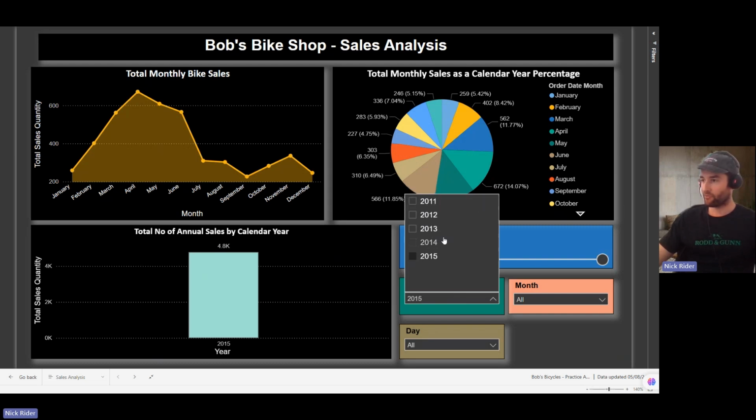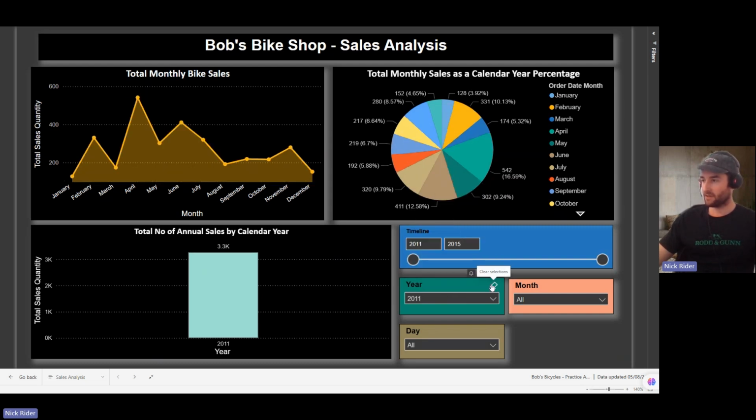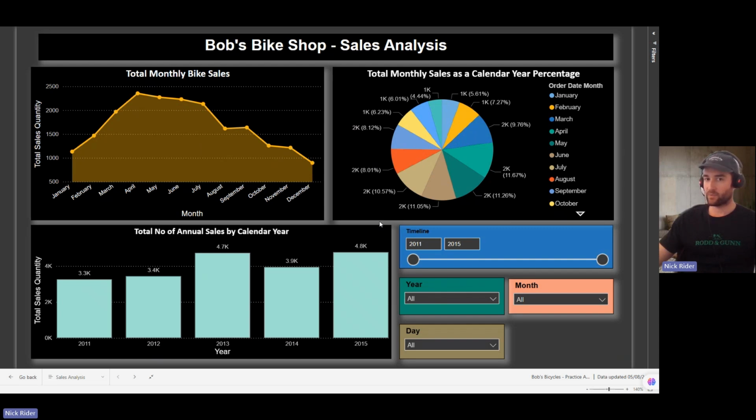So those middle months, or those cooler months in the Australian calendar year, is when Bob is selling the most amount of bikes. Now, if I look down here as a percent of his revenue on our pie chart, next to our line graph that we just went through, basically we can see that April, May, June, July are all above 10% of Bob's annual revenue in those months.